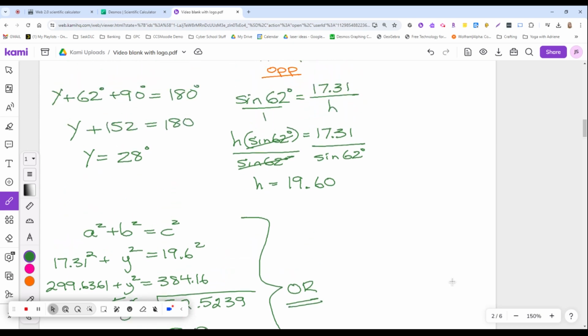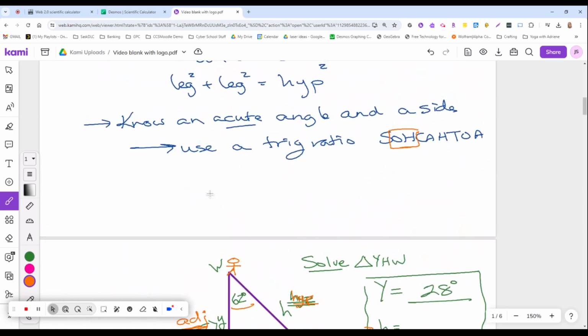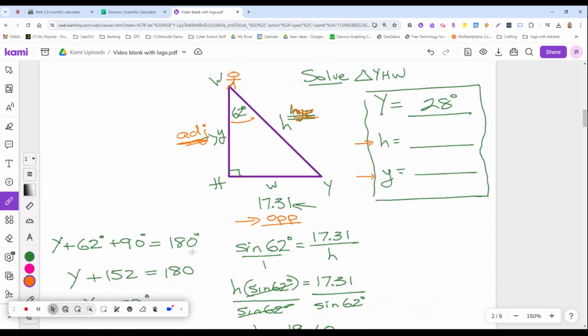The other way to find y is to go back to our orange dude. If you're the orange dude, this y is beside him. It's the adjacent. Adjacent and the side we know, which is opposite, are tangent. So if we go back to our green dude, tangent of 62 degrees is opposite over adjacent, which is 17.31 over the value we need to find, over y.